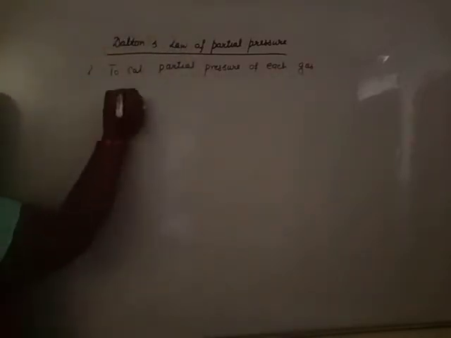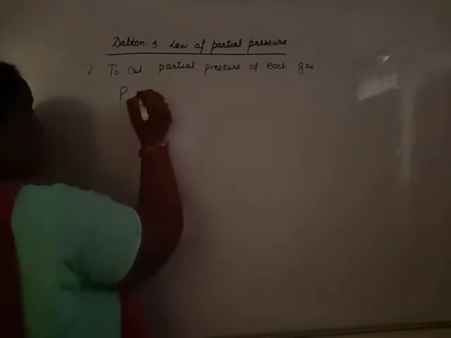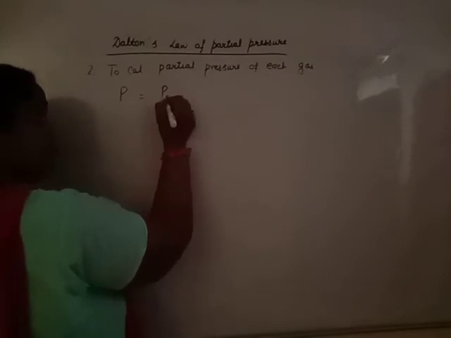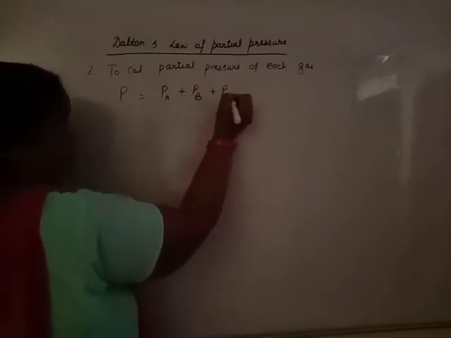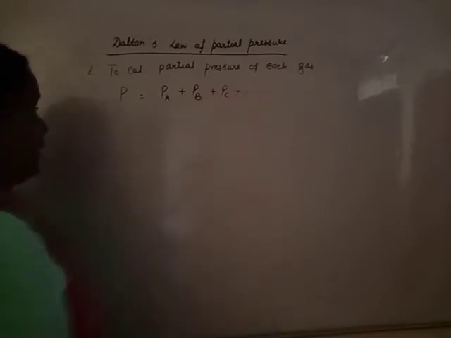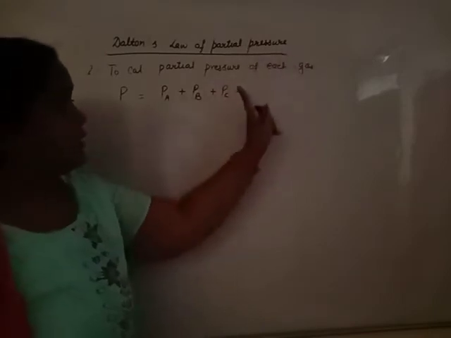That means, let us suppose we have the pressure of a mixture of gas, and this mixture consists of 3 or 4 gases. Suppose partial pressure of A gas, partial pressure of B gas, partial pressure of C gas, and so on. Suppose our mixture is made up of 3 gases.